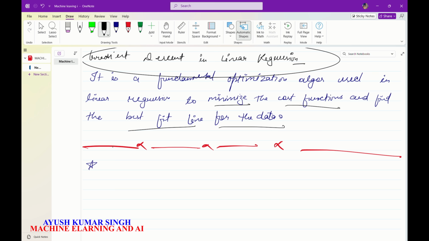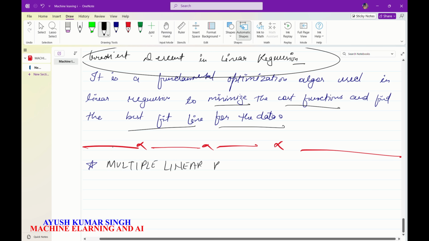Okay, so now let's start with multiple linear regression.